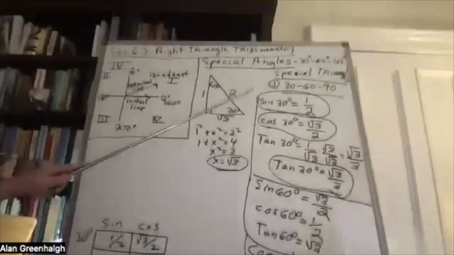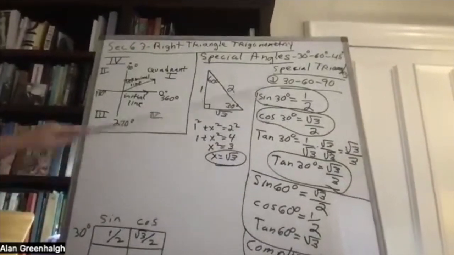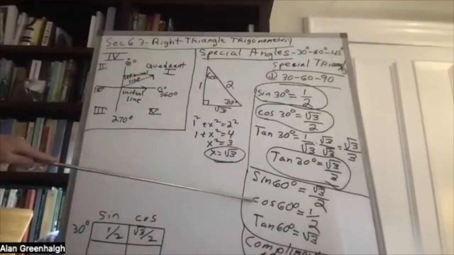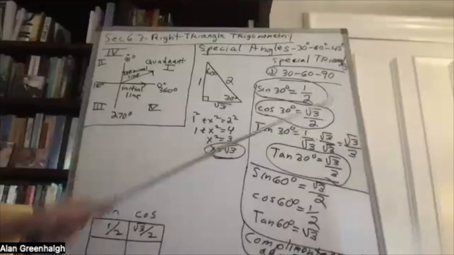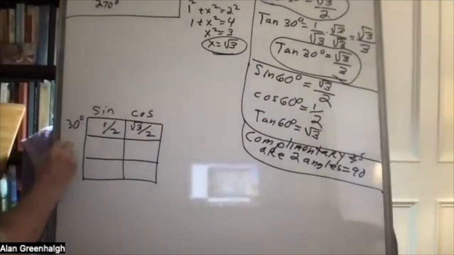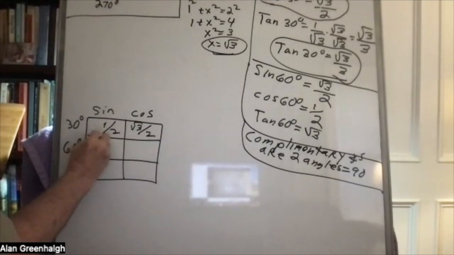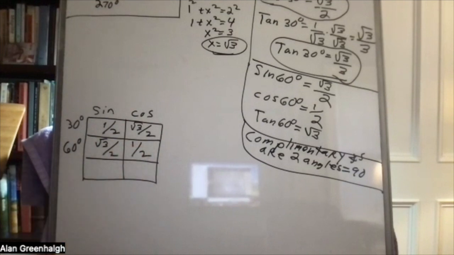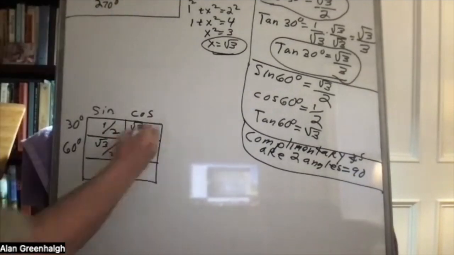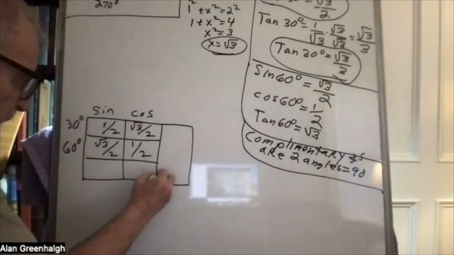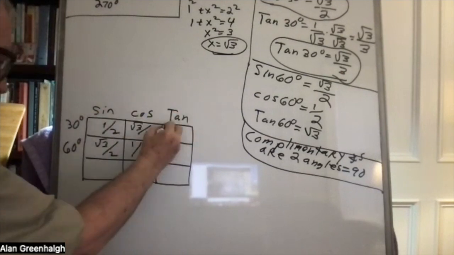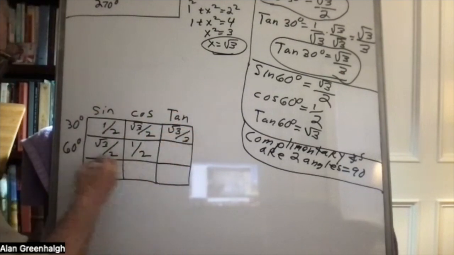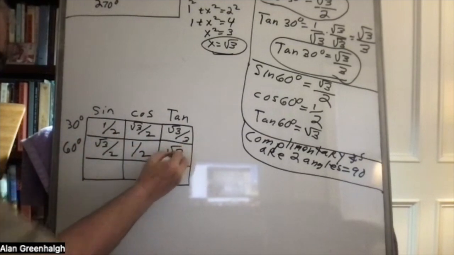This is all the work we did up here. I'm just summarizing it. 60 degrees. The sine of 60 is the square root of 3/2. The cosine of 60 is 1/2. Oh, and tangent. Excuse me, I forgot about tangent. My favorite. Tangent of 30 was the square root of 3/3, and the tangent of 60 is the square root of 3.